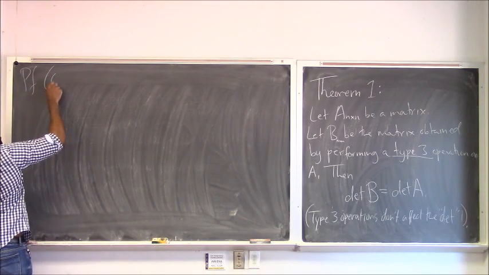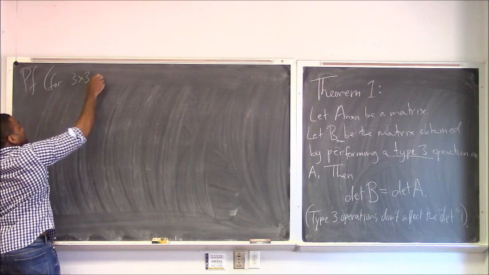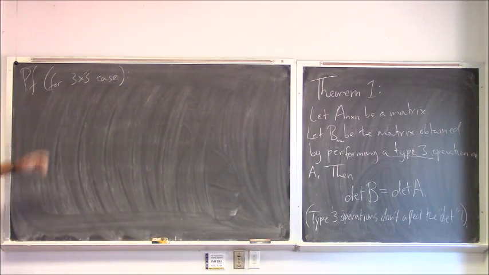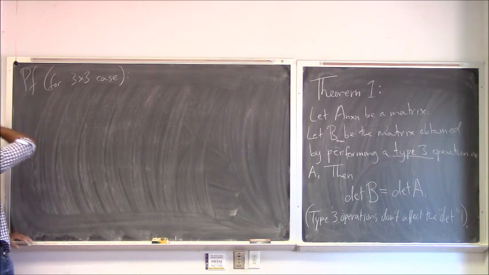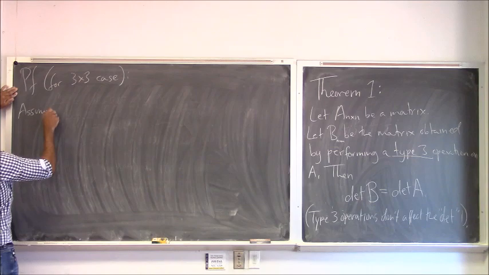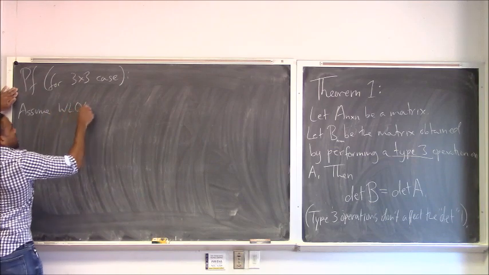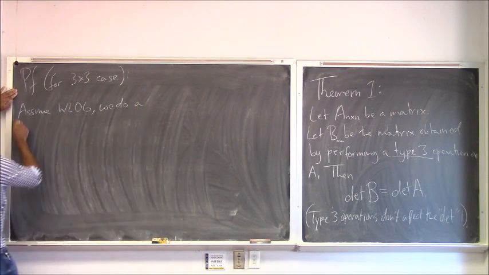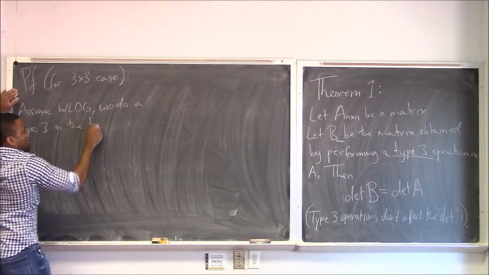Proof. Again for the 3 by 3 case. So without loss of generality, a very similar thing will happen in larger cases. Assume without loss of generality we do a type 3 in the top row.